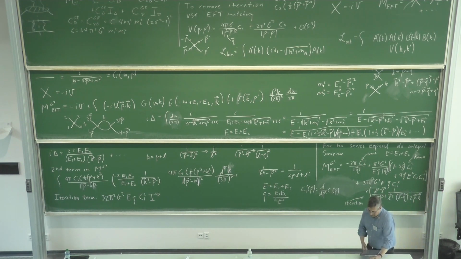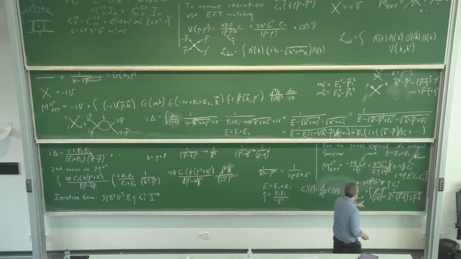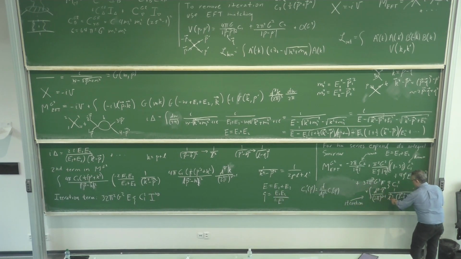Okay, and this integral is infrared singular. And what's the meaning of the infrared singularity? What's the physical meaning? Well, I'd say it's not interesting. It's an iteration term. It's not anything we're really interested in. This integral has an infrared singularity.